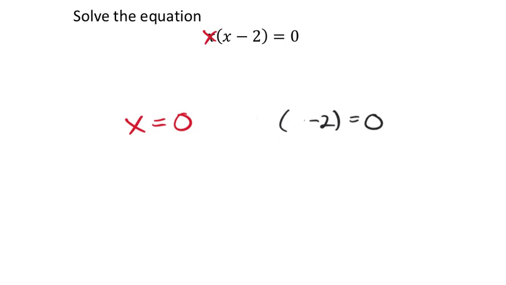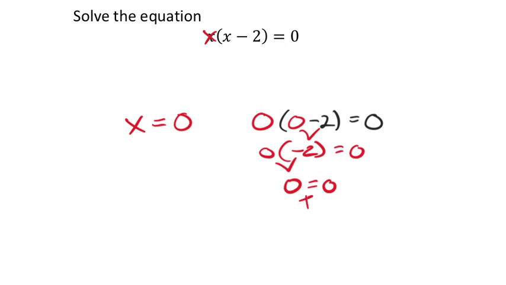So I'm going to replace the x's with 0, right? So this x is 0 and this x is 0. And I know 0 times negative 2 is still 0. I'm doing this the long way, but just to prove a point, 0 times 0 is true. Okay, so that tells me right there, boom, I found one solution. And it is a solution because when I replaced the x with 0, it made it true.